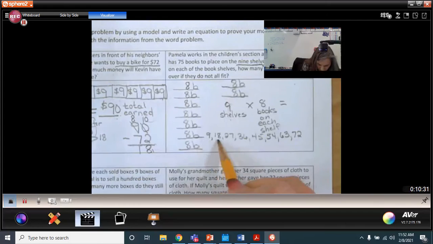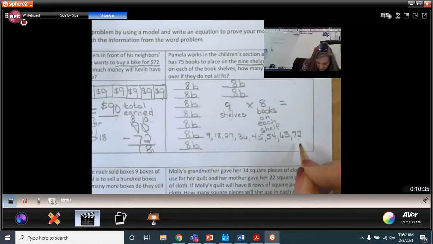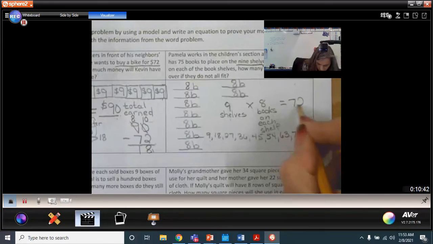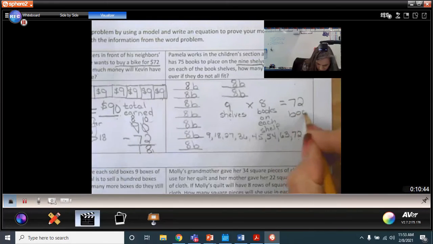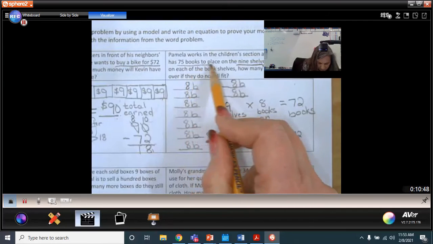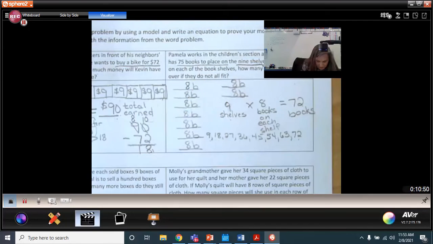So that's 1, 2, 3, 4, 5, 6, 7, 8, 9 groups of 8, or 8 groups of 9. 8 groups of 9 would be 72. 72 books. Now, it says that she has 75 books to place on the 9 shelves.